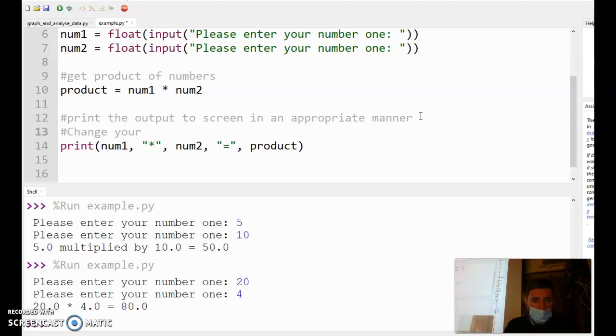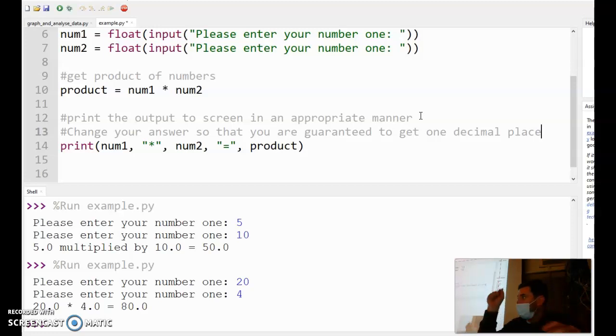Change your answer so that you are guaranteed to get 1 decimal place. So what I mean by that is if you multiply 9.7 by 9.631, then no matter what answer you get, it'll be blah blah blah point and only one thing. They're done. So have a go at that one.